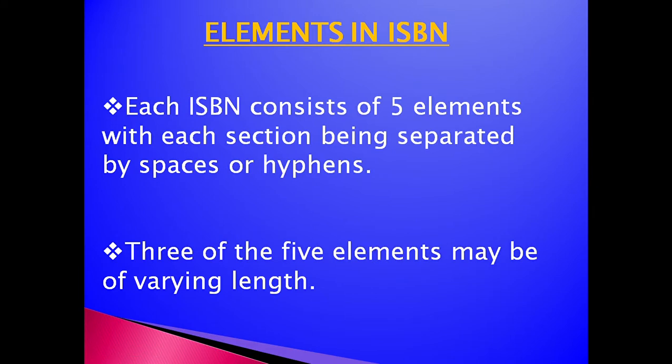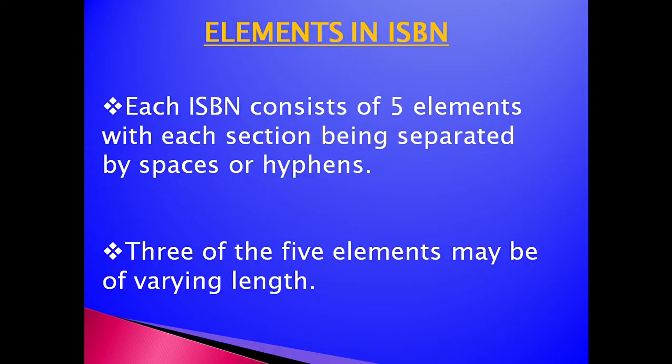Ma'am, you said that we have 13 digits. In the 13 digits, they are called elements in ISBN. Those 13 digits, we won't call them digits. They are called elements. Each ISBN has 5 elements, and each section is separated by a small gap or a small hyphen.